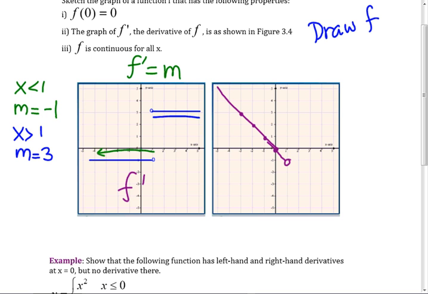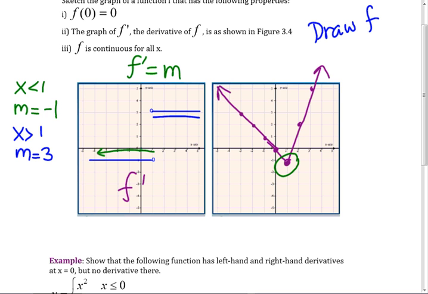Okay? Now, it's continuous, so guess what? I have to start here, but what's the slope of my curve now? And it's always 3. Over 1, up 3. 1, 2, 3. Yeah, this is all new. Now, is it continuous? It's close because it said it was continuous. It's continuous, but can you find the derivative at this point?